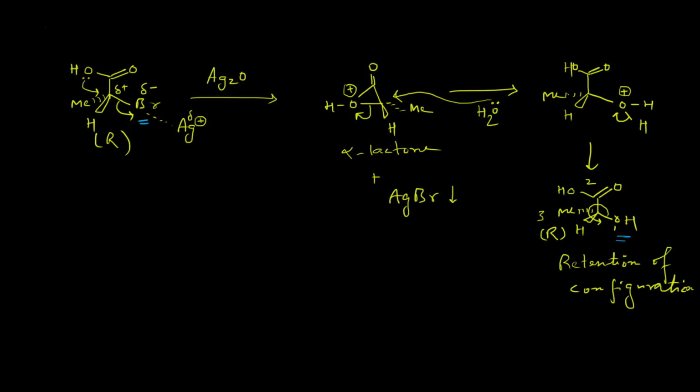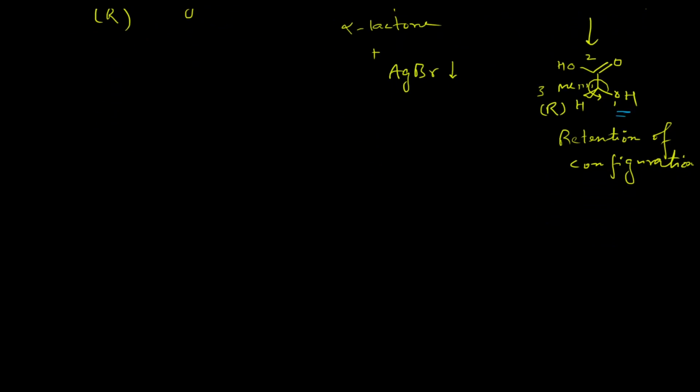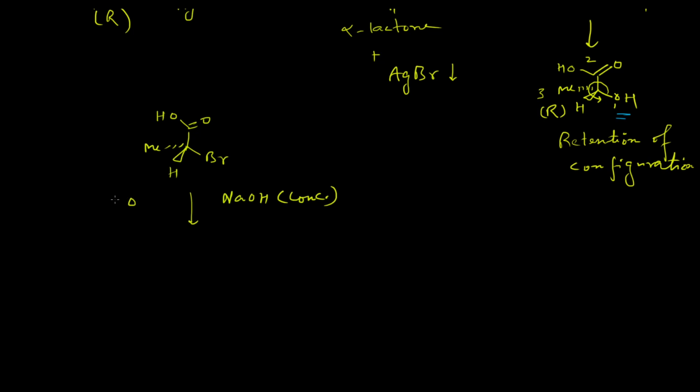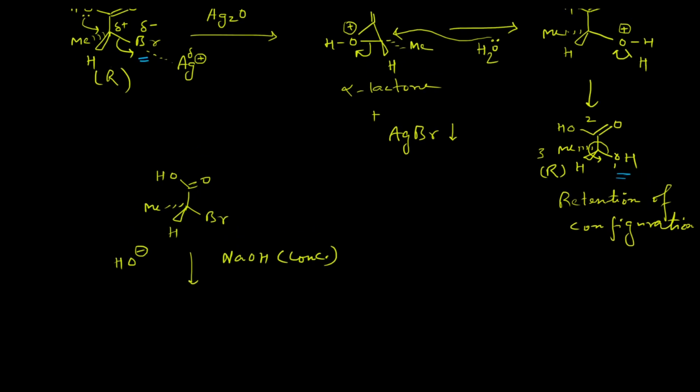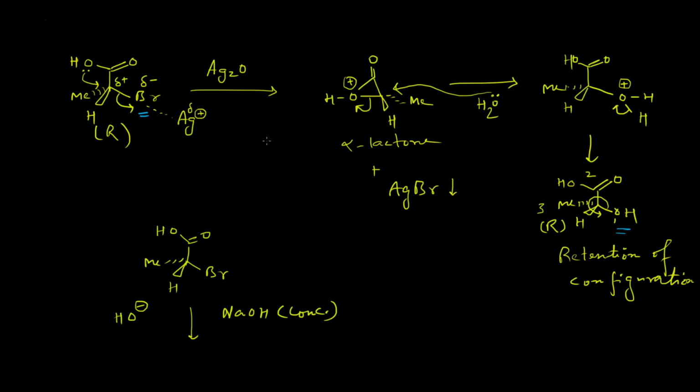Now if we consider the second condition where concentrated sodium hydroxide solution is taken, then here that kind of neighboring group participation will not occur. Notably, if the OH minus concentration is low, then this type of neighboring group participation is also observed.